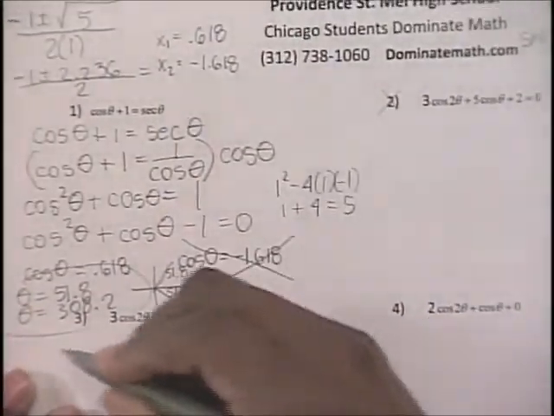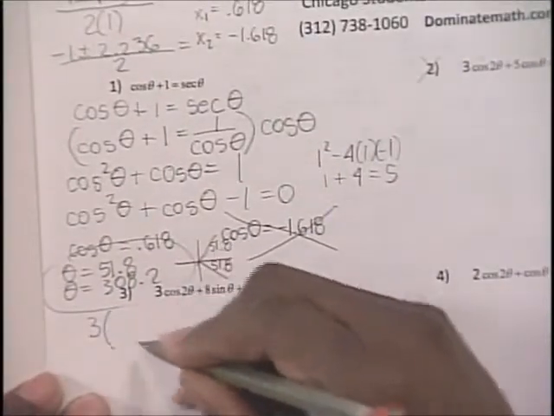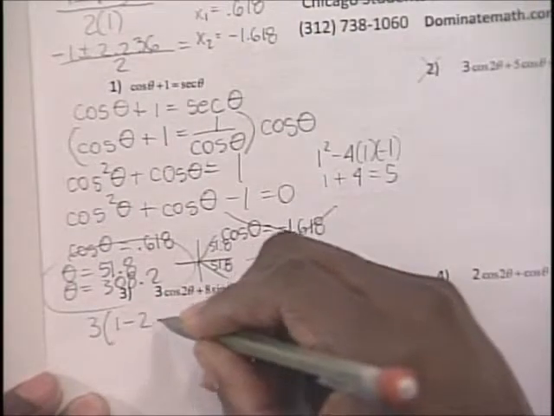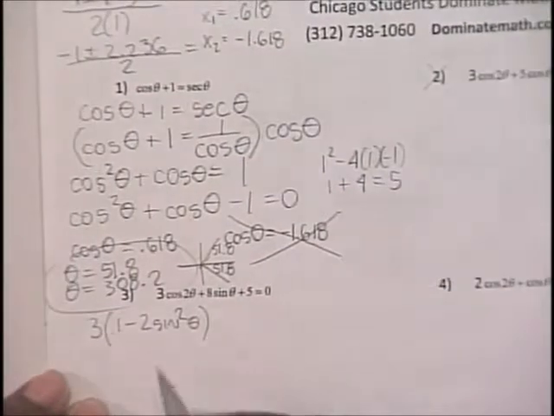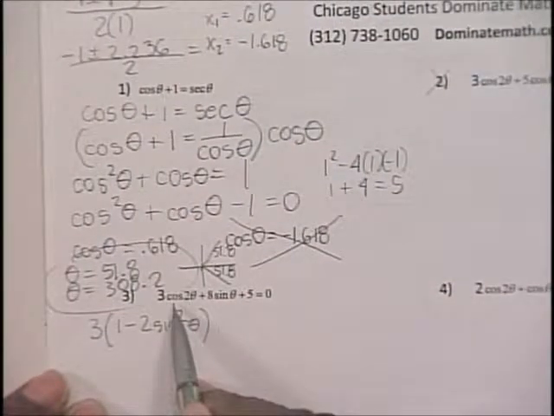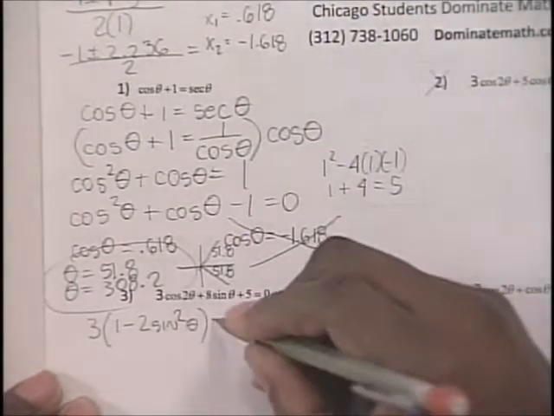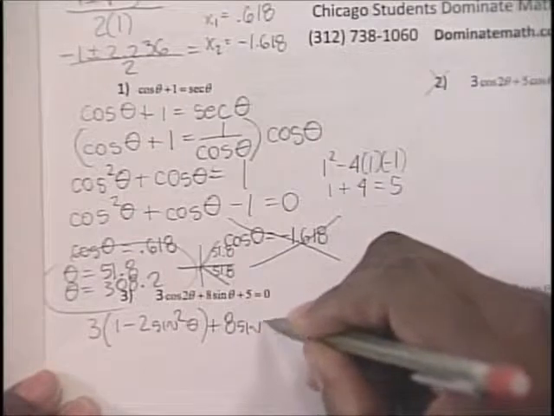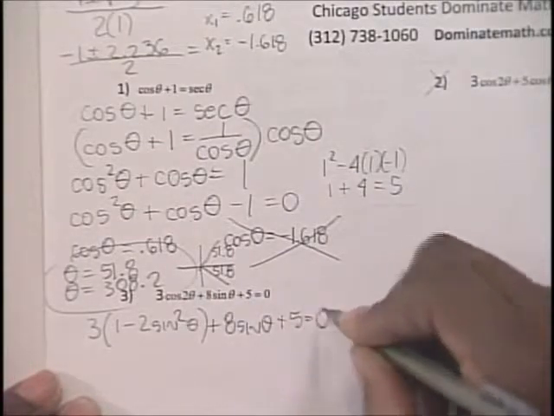Let's do that. So we have 3 times 1 minus 2 sine squared theta. So we replaced the cosine 2 theta with 1 minus 2 sine squared theta, plus 8 sine theta, I'm just bringing that down, plus 5 is 0.